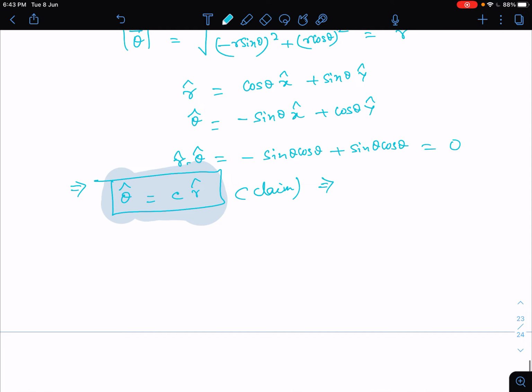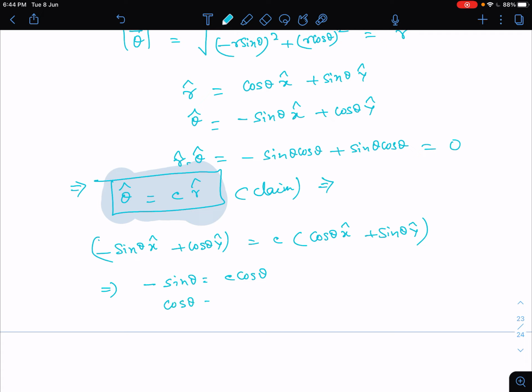So if theta cap is c times r cap, then minus sine theta x cap plus cos theta y cap is c times cos theta x cap plus sine theta y cap. Taking the component-wise parts, that is, sine theta equals c cos theta and cos theta equals c sine theta.